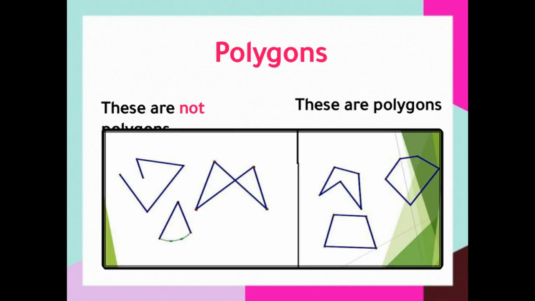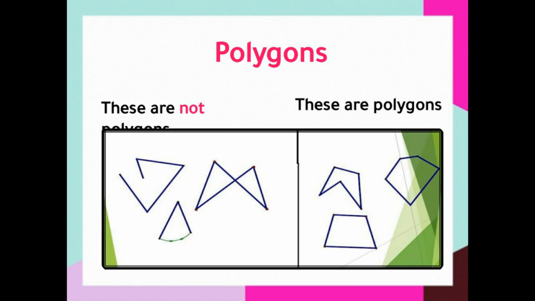Let's see whether the given figures are polygons or not. Here there are two sets of figures given. In the first set, 3 figures. In the second set, there are 3 figures. Let's see the first 3 figures. One figure is open, another figure has one curved line, and another figure has intersecting lines.